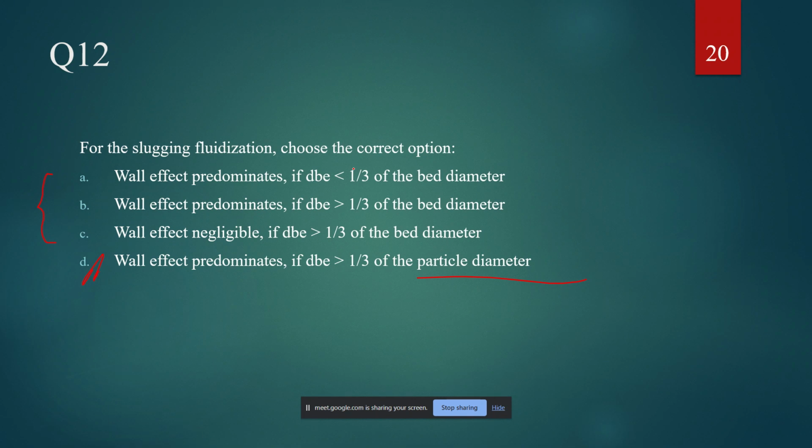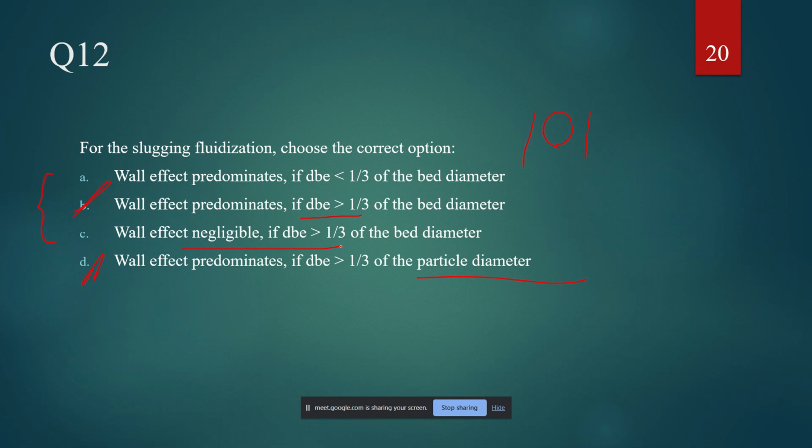Option B says wall effect predominates if dBE is greater than 1 by 3 of the bed diameter. So this is the right answer, where we can say that if the bubble size is almost the size of the bed, then wall effect is predominating. Option C says wall effect is negligible if dBE is greater than 1 by 3 of the bed diameter. It is not negligible, it is predominating in that case.